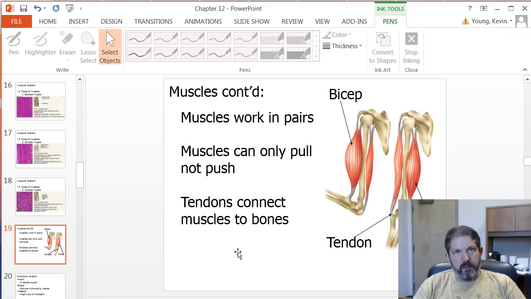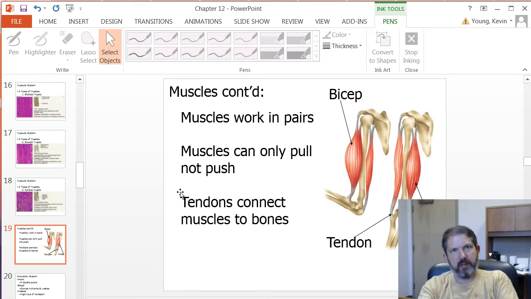Muscles can only pull. Okay, they can only shorten. They can't push. Now you can push, but you're shortening a muscle as you push. You're always shortening a muscle. You're contracting a muscle, making it shorter. So muscles are often arranged in antagonistic pairs, meaning that they work opposite of each other. There are also lots of muscles that work synergistically. They work together.